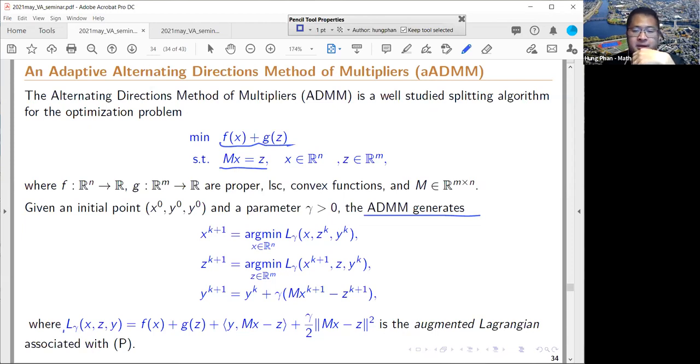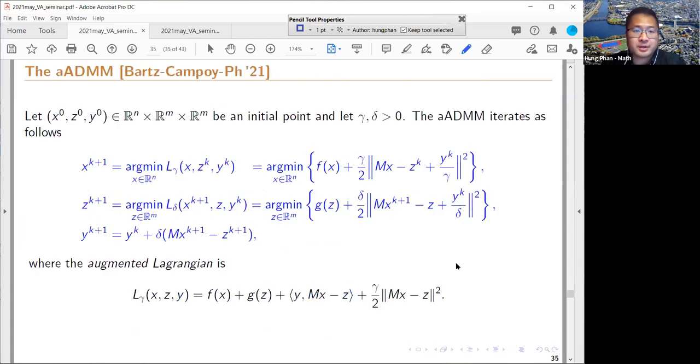Many of you may be already familiar with the ADMM, but some of you may see it for the first time. Anyway, ADMM is very popular and successful in many applications and has been studied very well in the literature. And what we did is modify the parameters.